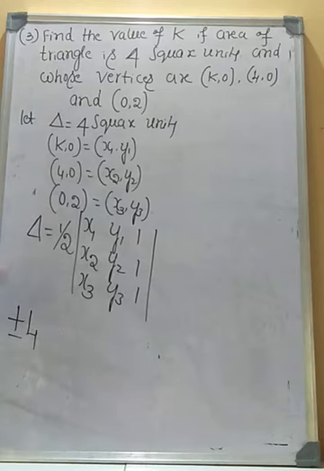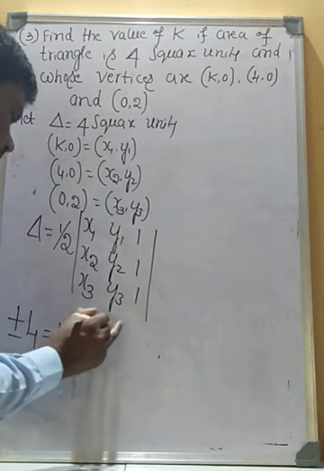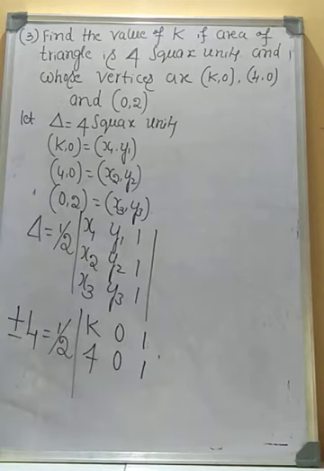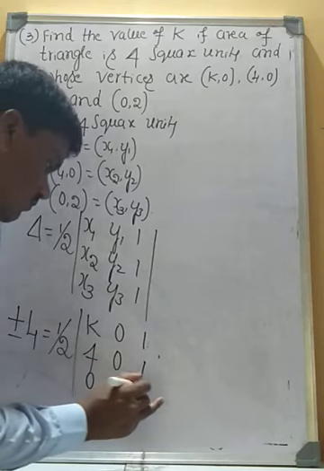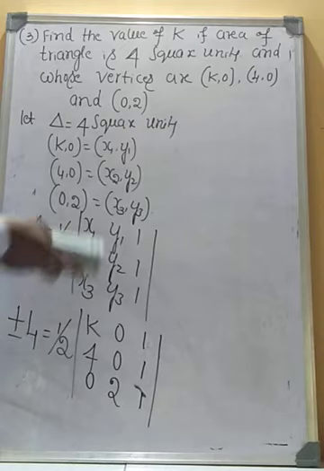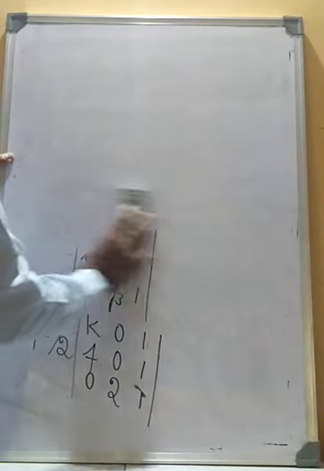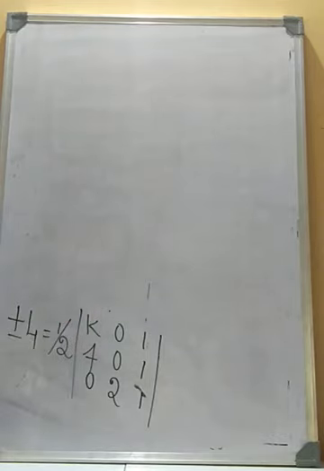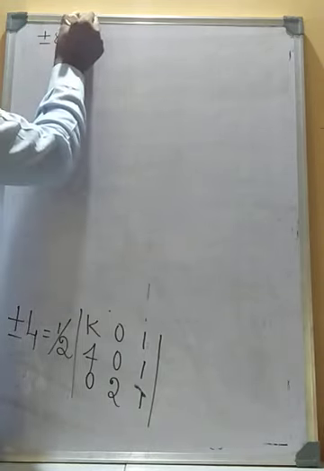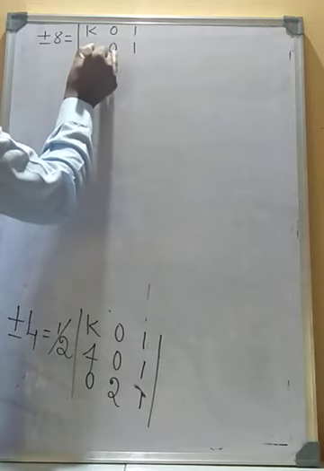Plus or minus 4 equals half into the determinant of k 0 1, 4 0 1, 0 2 1. By cross multiplying, plus or minus 8 equals the determinant of k 0 1, 4 0 1, 0 2 1.